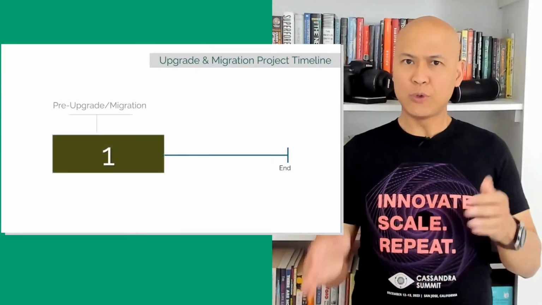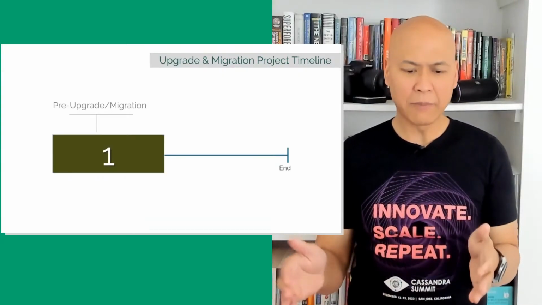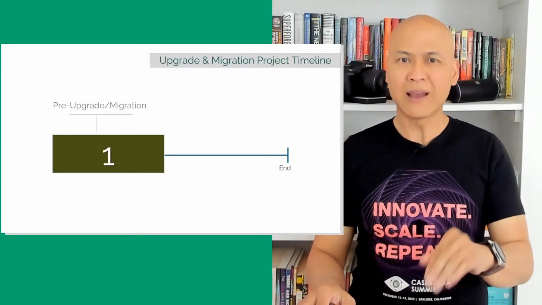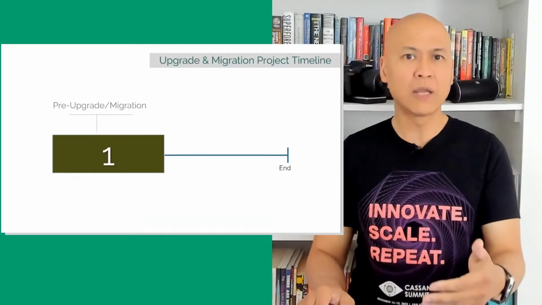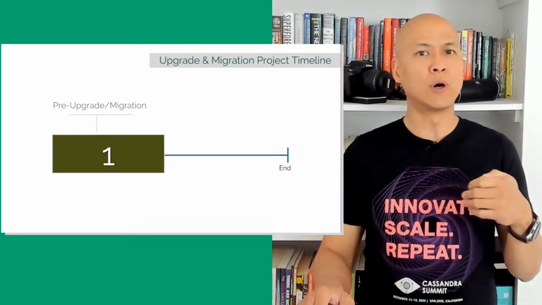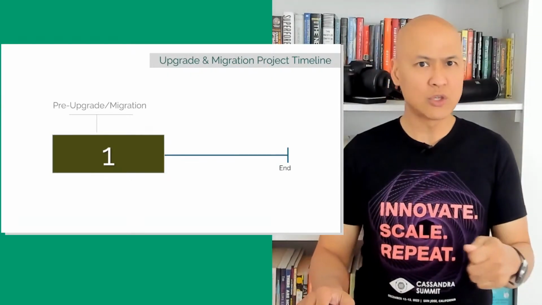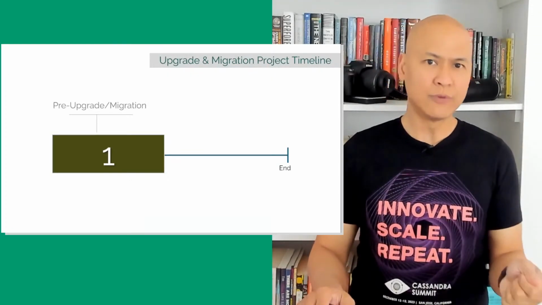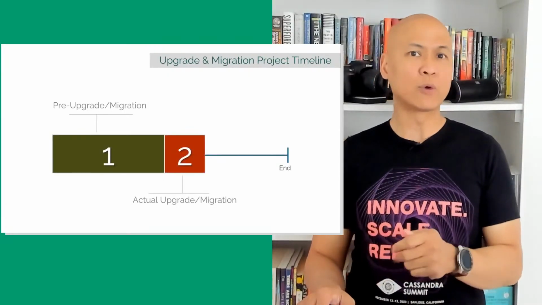So you have these sections in the entire project timeline where you are going to be doing a pre-upgrade or pre-migration section. You're preparing what you need to prepare. You are doing testing and you're doing validation. When you're happy with the plan to move forward, you then move into the actual upgrade and migration.